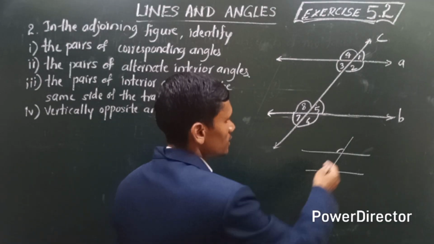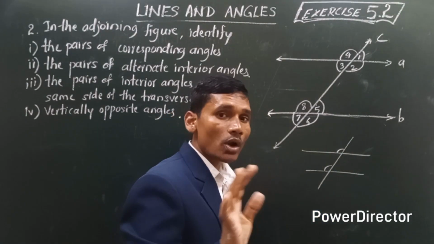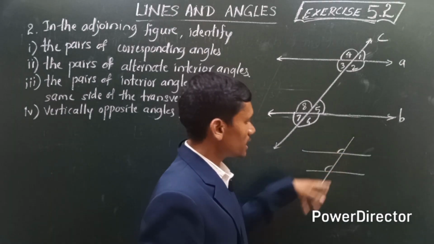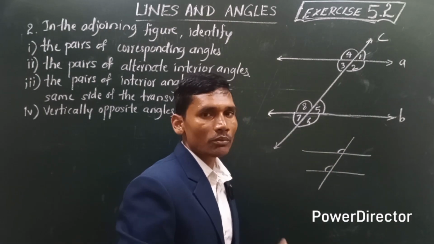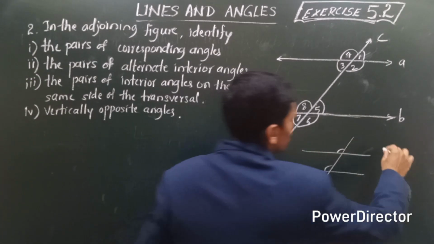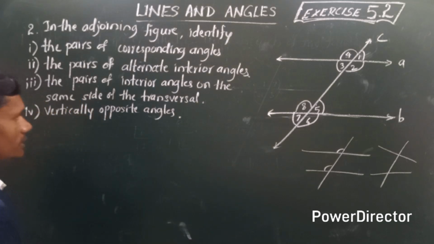Whatever it may be, when a line intersects two lines, they may be parallel or they may not be parallel. When it intersects, what type of angles are formed, that we are naming, right? Here you can take even these types of figure, then also it is right, because just we are naming the angles, only that much.